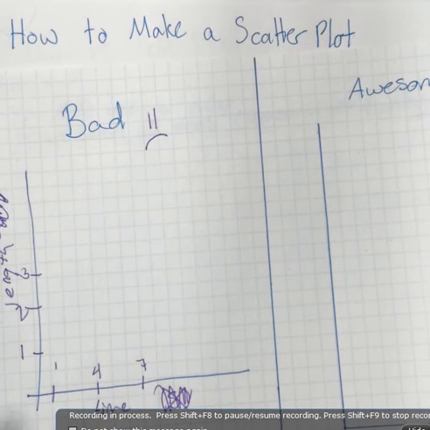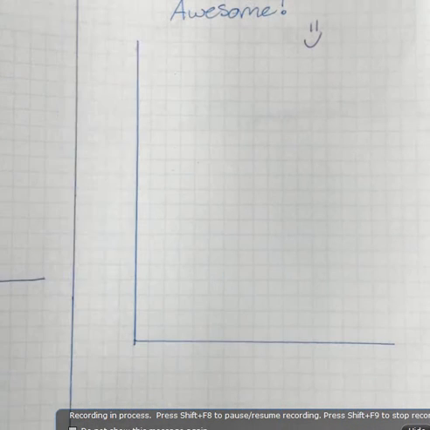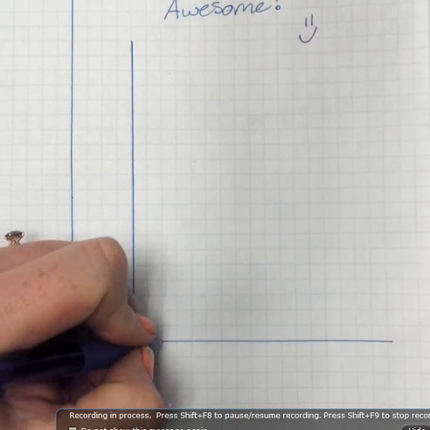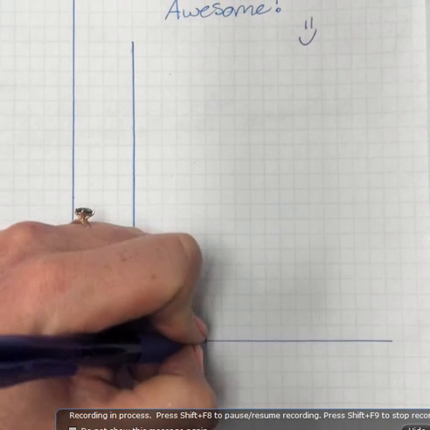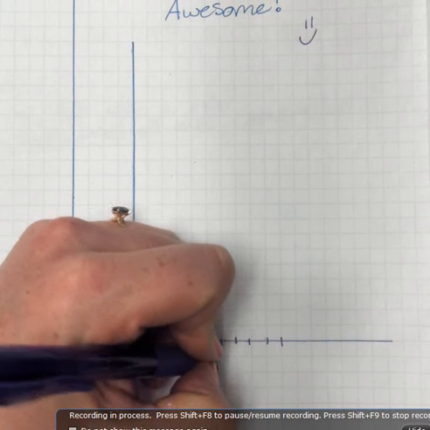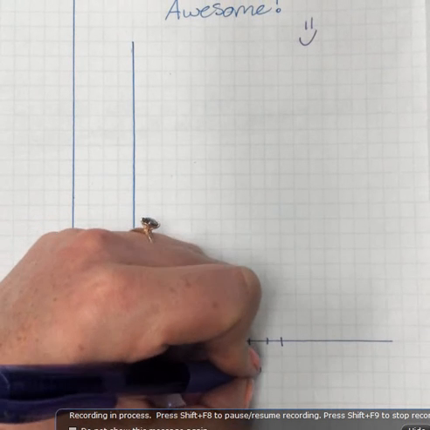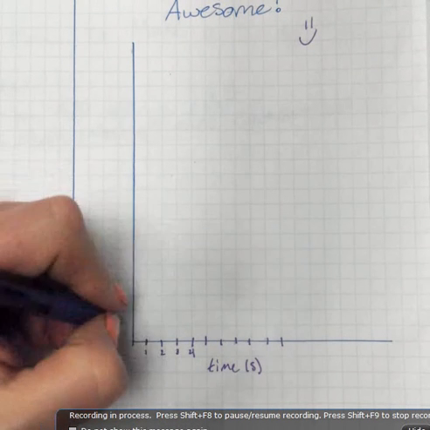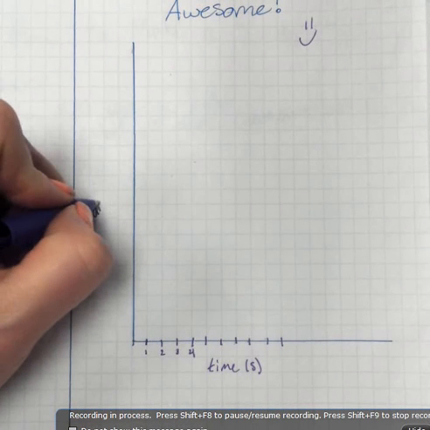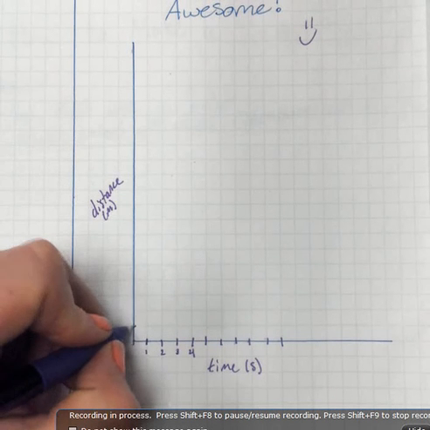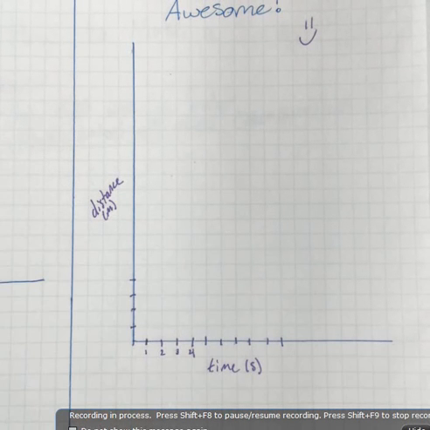On the other hand, if you're going to give me an awesome graph, then you would give me the measure, for example, time in seconds, 1, 2, 3, 4, with the distance in meters. This is awesome, folks. This makes me happy.